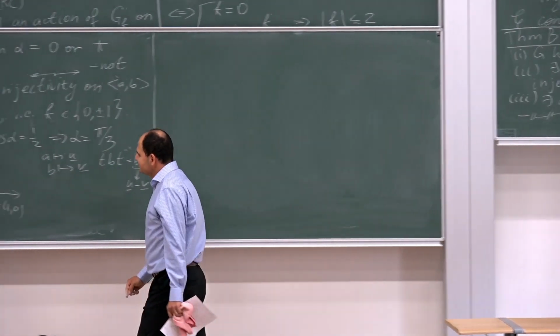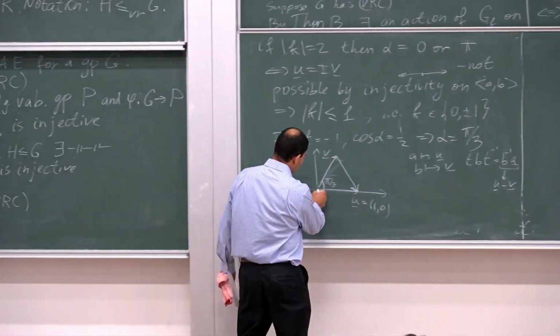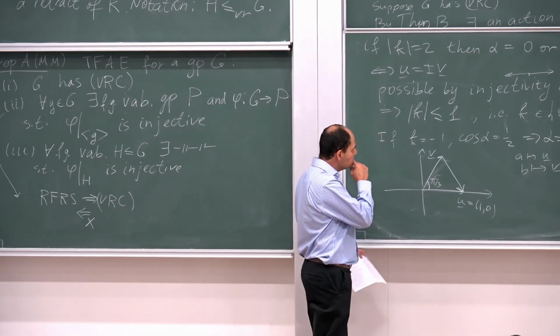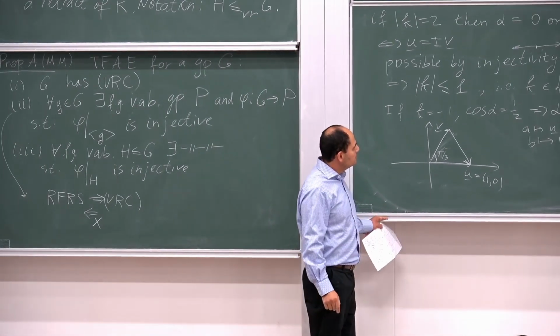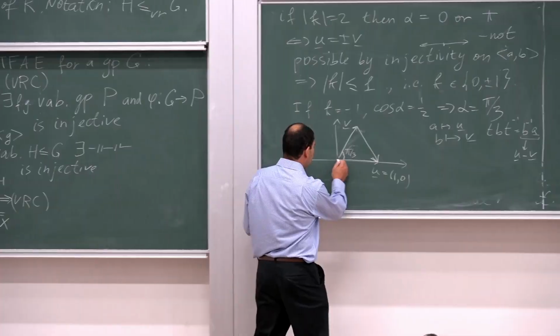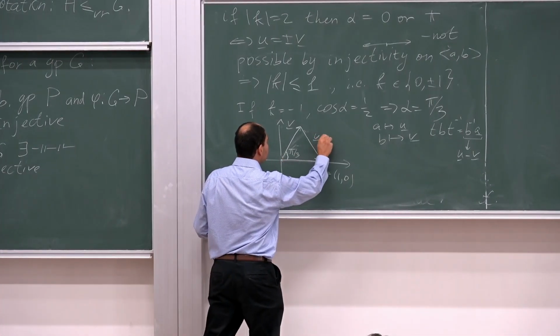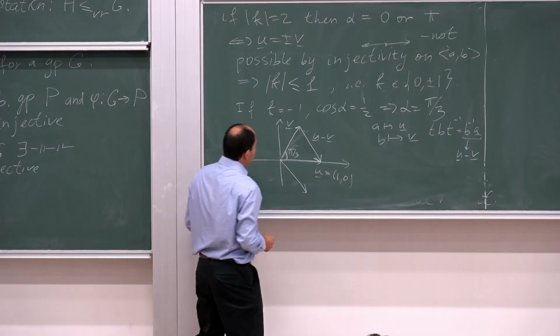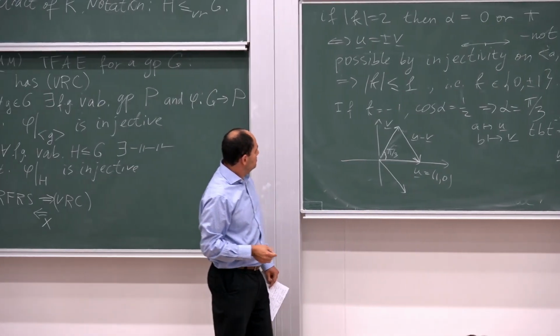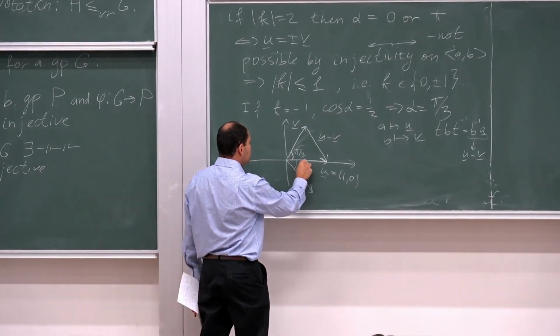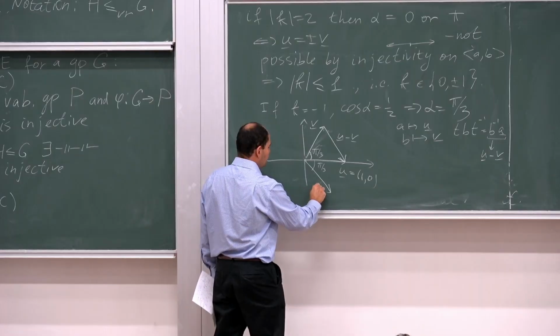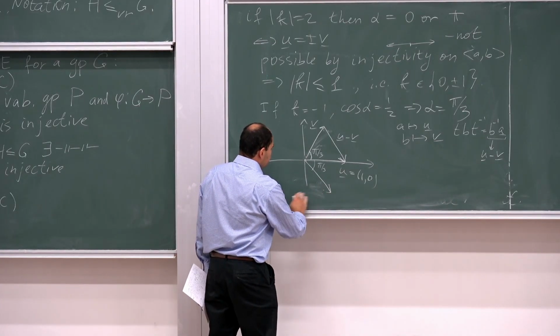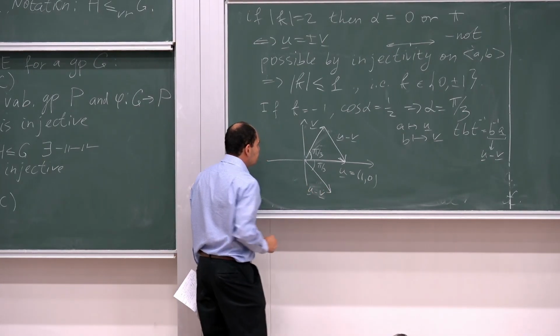Okay. Yeah, I do see one. Okay. Well, I have to center it. So this is u minus v. I have to draw it here. And now you can tell me, this is also pi over 3, right? So this is also u minus v.